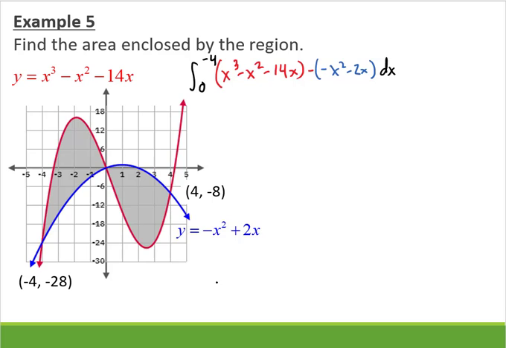So I'm going to run out of space over here, so I'm going to put it below. I'm not dividing, I'm just putting it below. 0 to 4 now. Now my top function has changed.